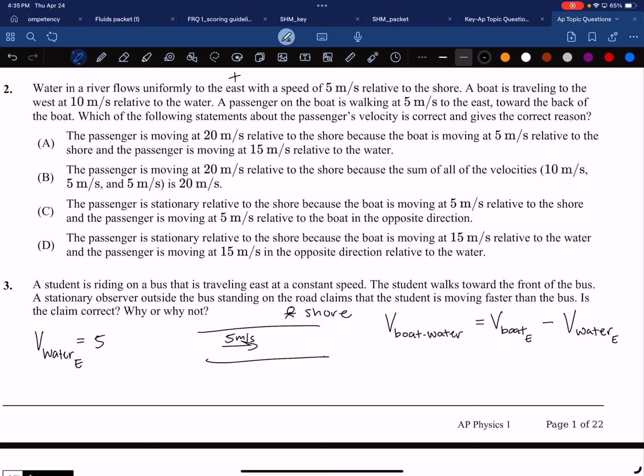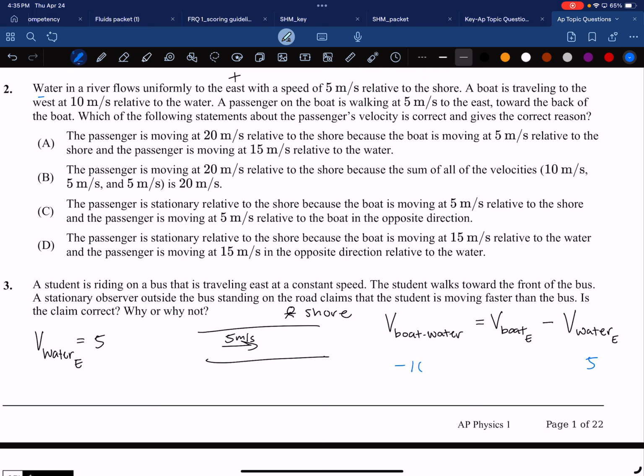So from here, I can just plug things in because I know that I'm given velocity of the water, which is 5. And I'm not going to add negative or positive because it's east. And I am also given 10 meters per second west. So west is going to be considered negative.